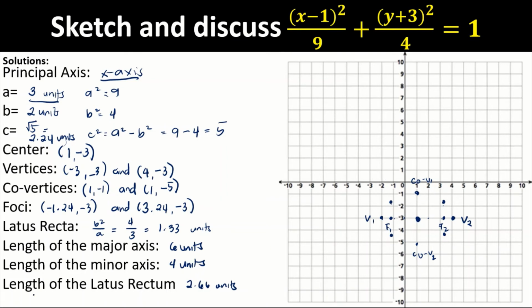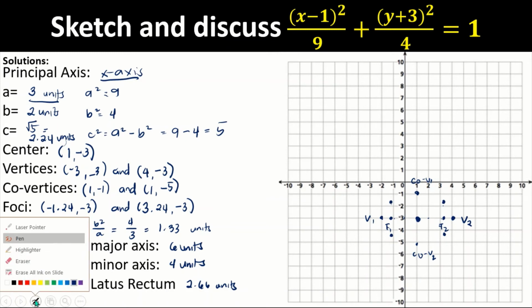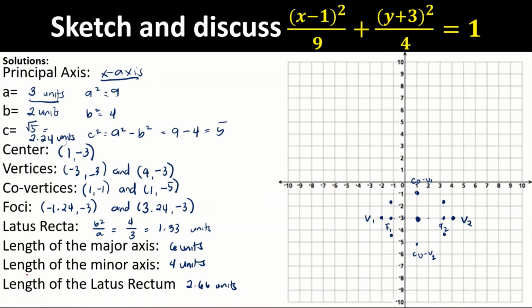So, kapag nakuha na natin yung mga points na yan, pwede na natin yan ipagdugtong-dugtong yung mga co-vertices, vertices, and yung latus recta natin. So, kailangan smooth, okay?